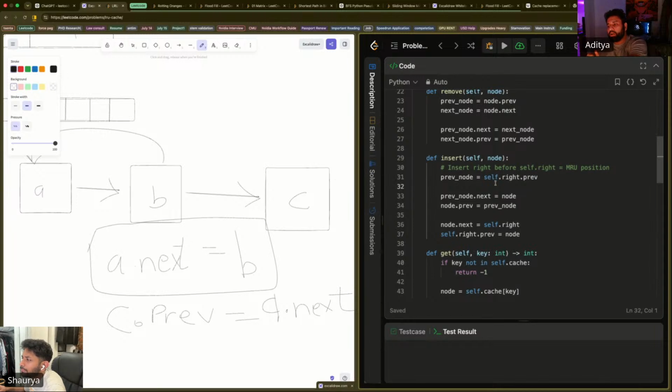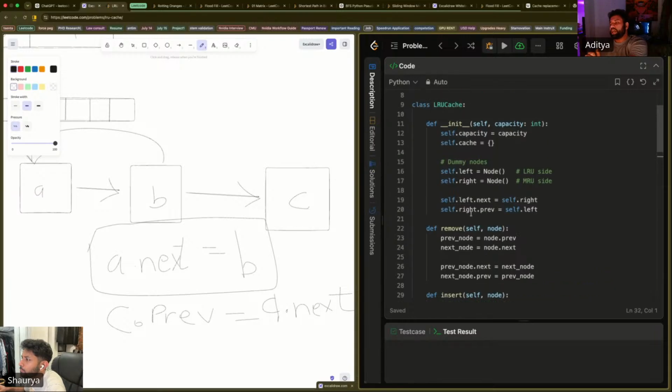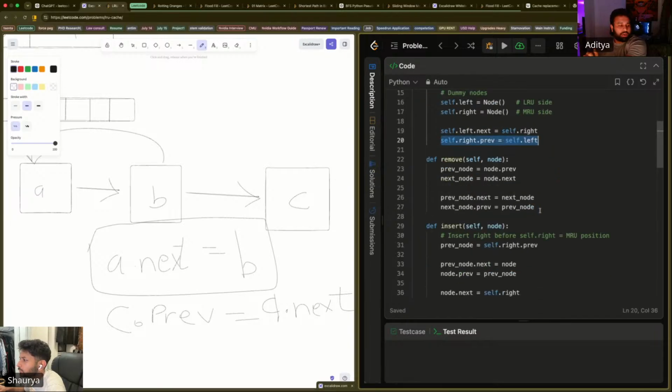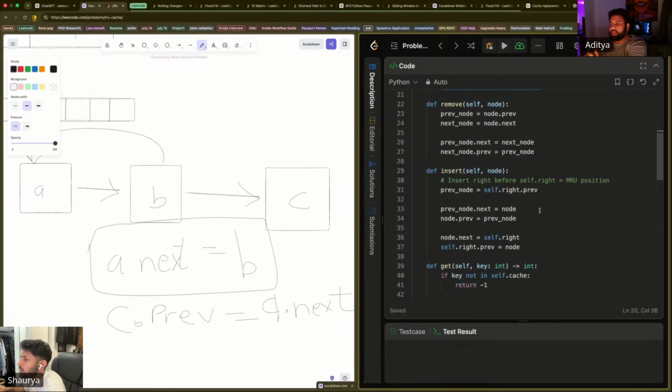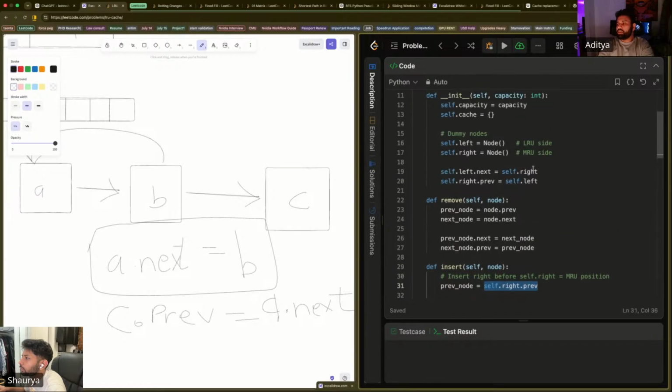If you go up, you have self.right.prev. You're basically calling self.left node, and to call that you use self and call the value whatever exists at that point. Self.left would be the MRU side node.